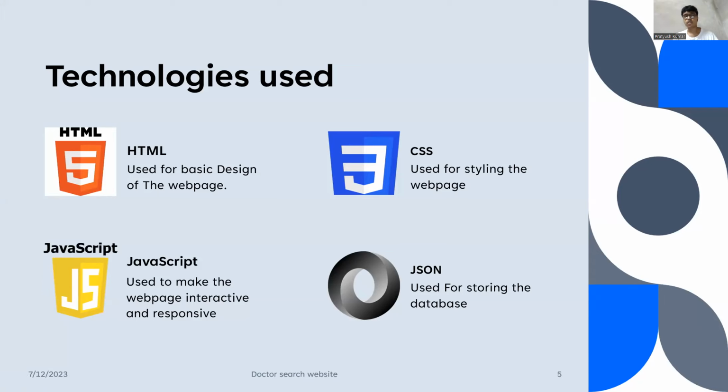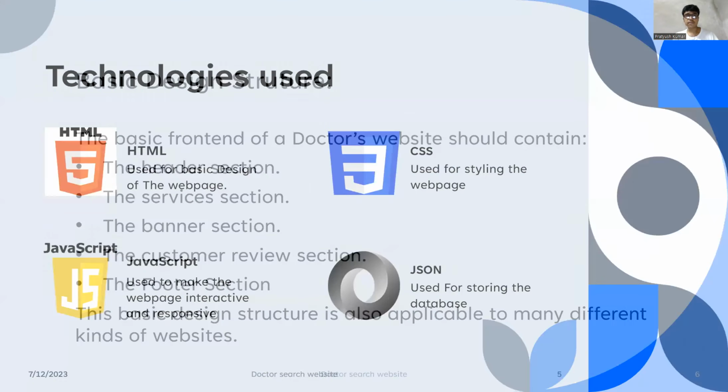Apart from this, I also used code editors like Visual Studio Code, and I used Figma design software, but I used it later on. I did not use it completely to design the front end. I used it partially. So let's move further.